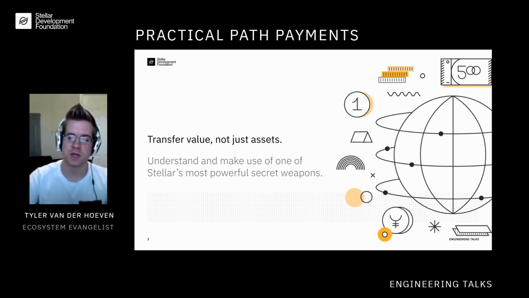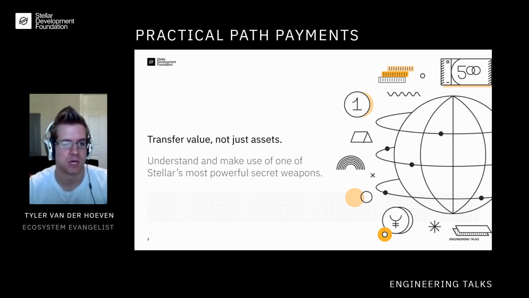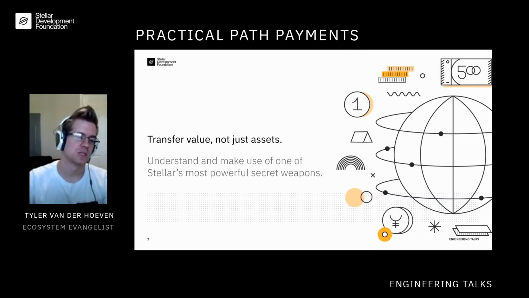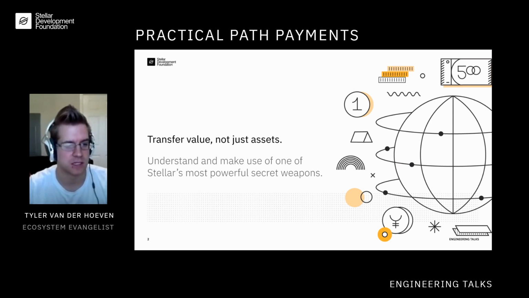As we start to think about path payments, it should get your wheels turning on, oh, I wonder if I could do XYZ, or, oh, this really allows something that we hadn't really had the ability or capability to do. So it's this idea of transferring value, not just assets.